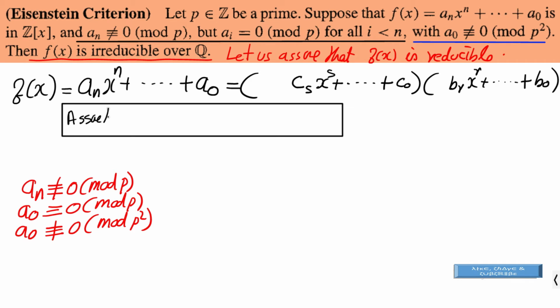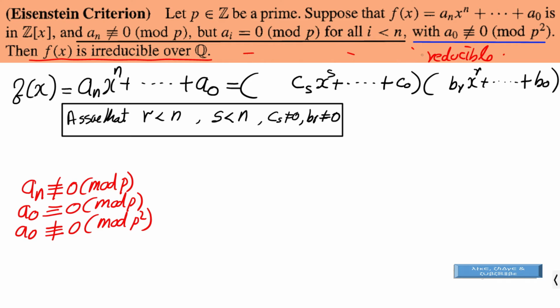So if f(x) is equal to the product of these two polynomials, we need to assume that r is strictly less than n and s is strictly less than n. And besides, we have c_s and b_r not equal to 0, in order to show that the degree of the first polynomial is s and the degree of the second polynomial is r.